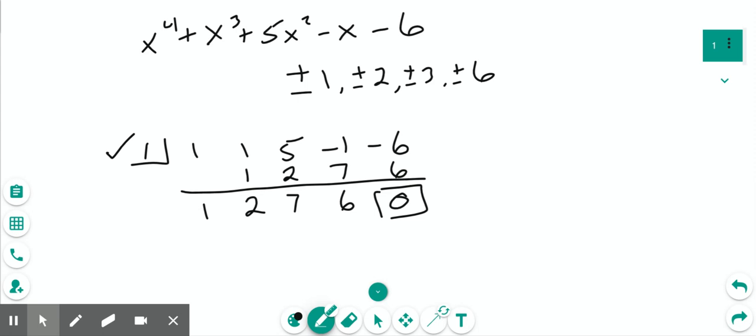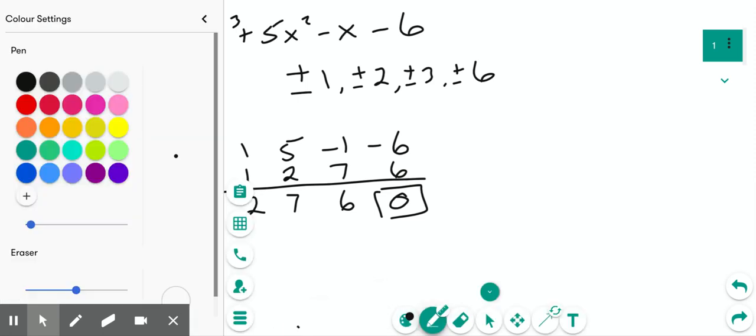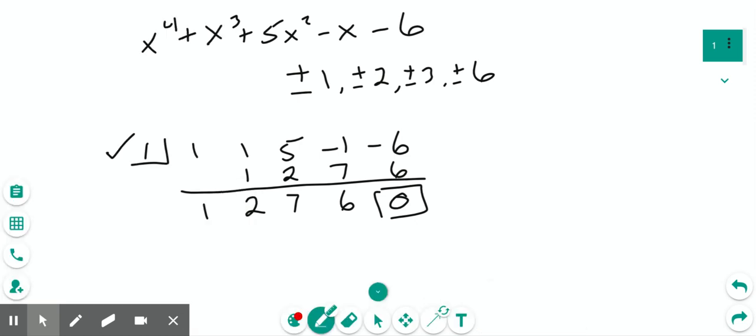Okay. So now we've still got all the rest of these as possible solutions. So we'll use this set of coefficients here. Let's get rid of that.